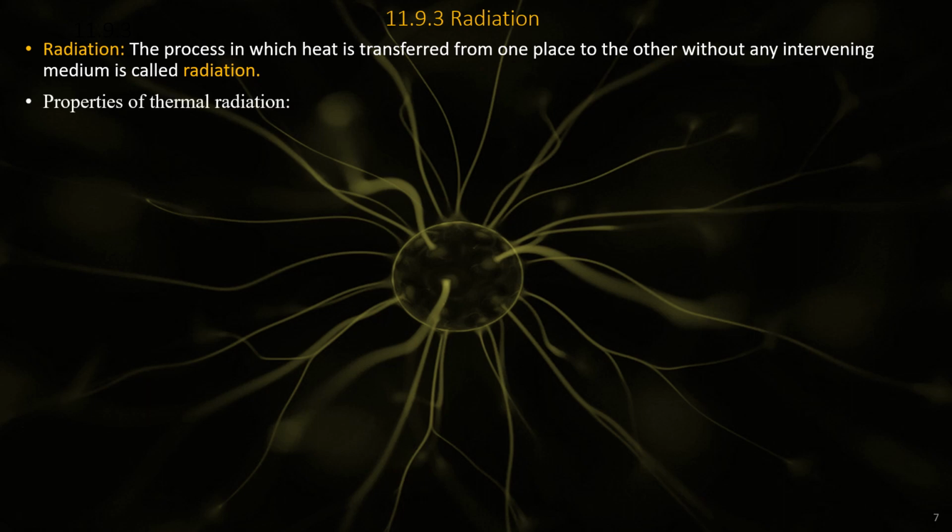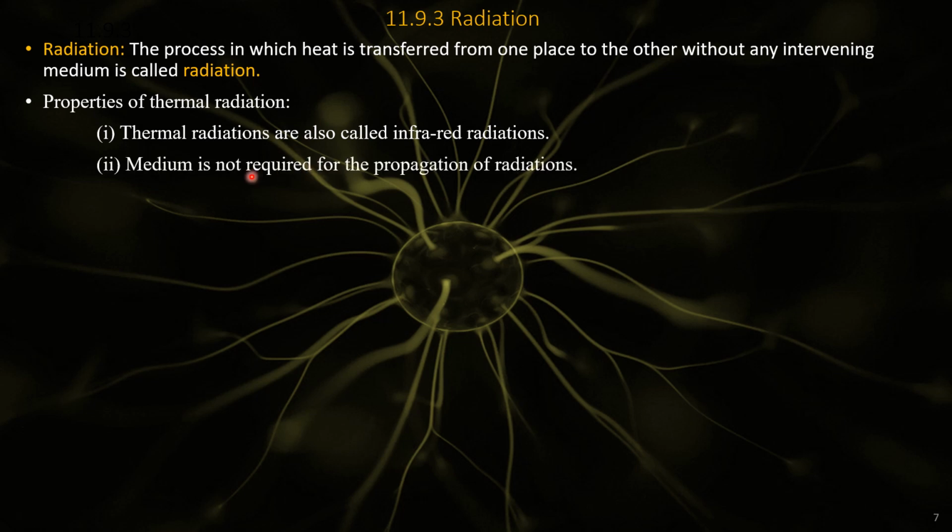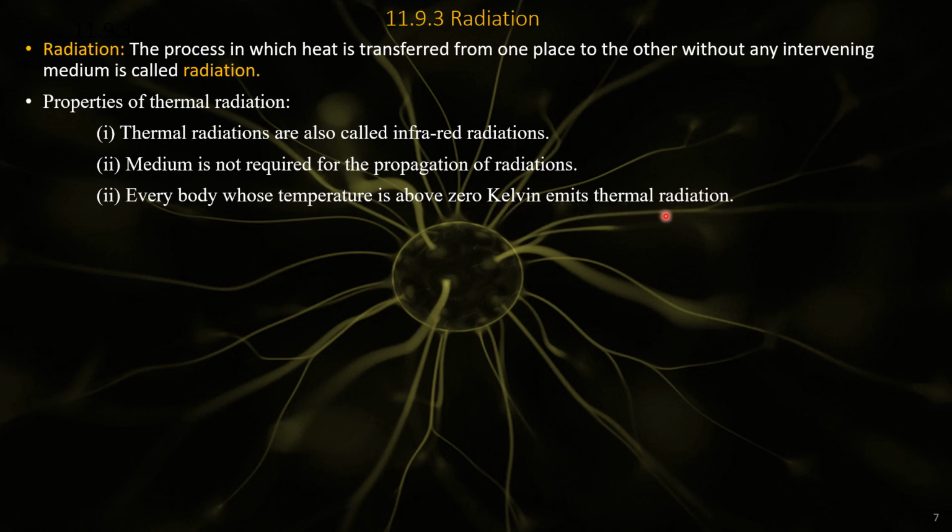Now we will study the properties of thermal radiation. Thermal radiations are also called infrared radiations. A medium is not required for propagation of radiations. Every body whose temperature is above 0 Kelvin emits thermal radiation.